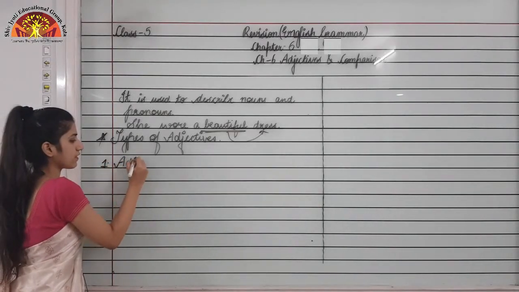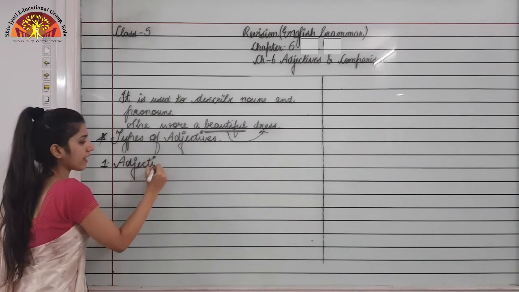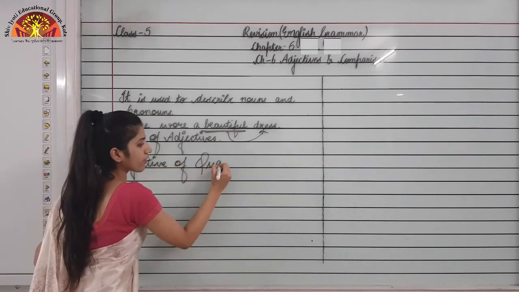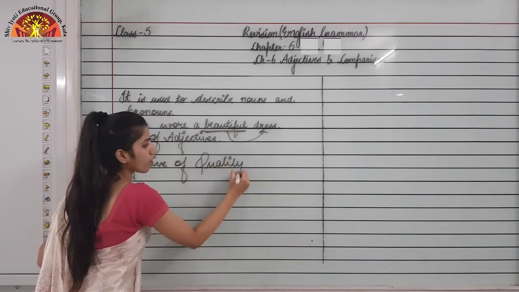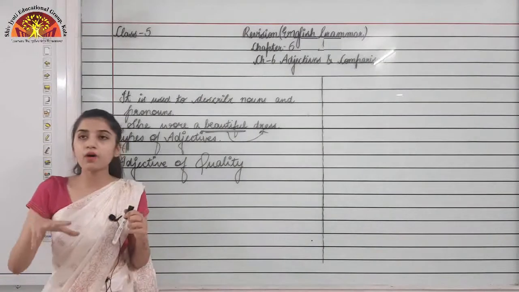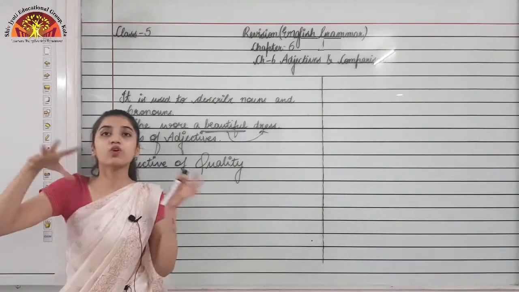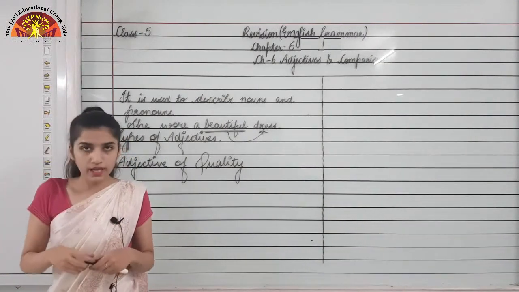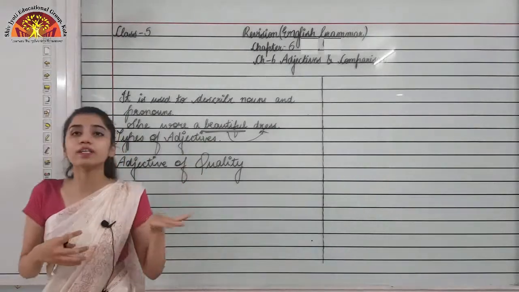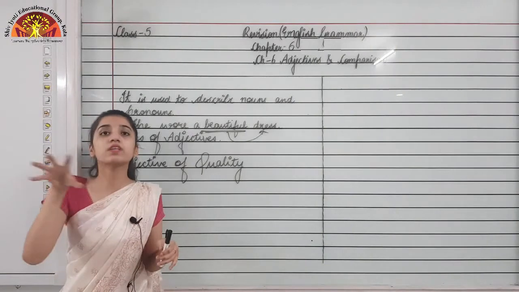Adjective of quality tells us about the quality of something, what kind of a thing it is. If you have to find out an adjective of quality, you have to question it with what kind.